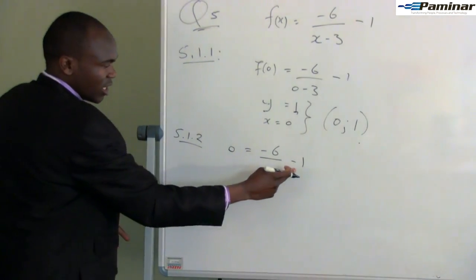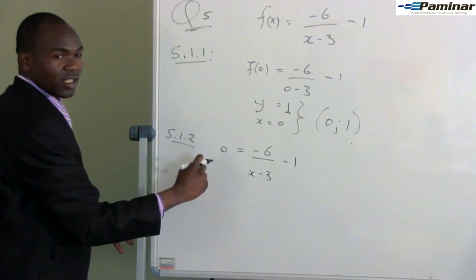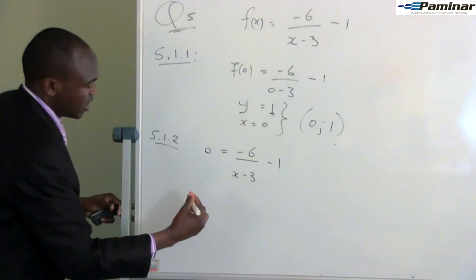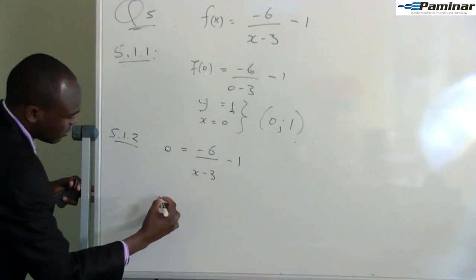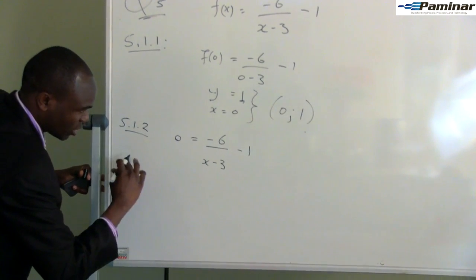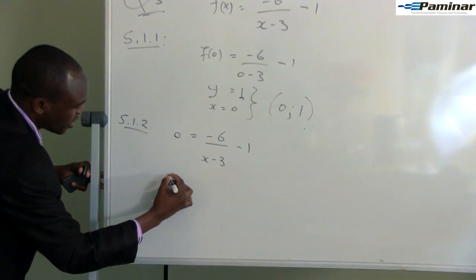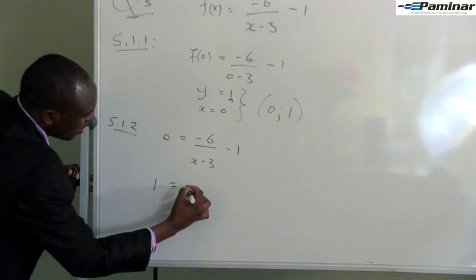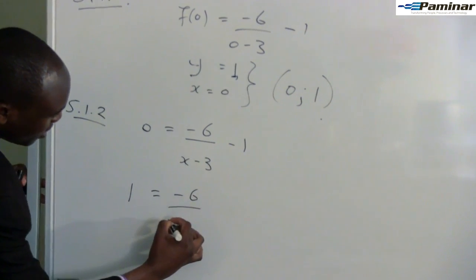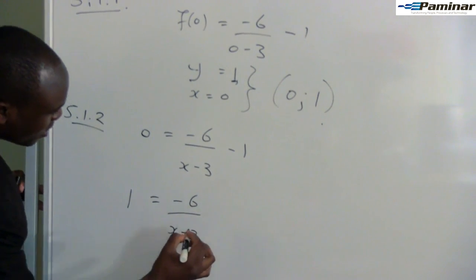Now you take the 1 to the other side, and it becomes positive. So 1 is equal to minus 6 over x minus 3.